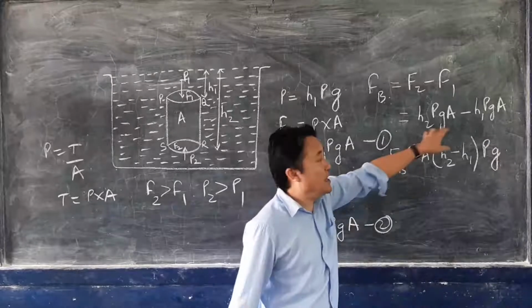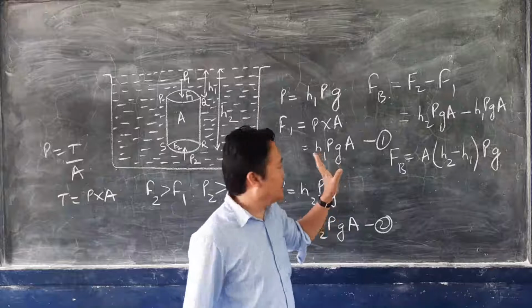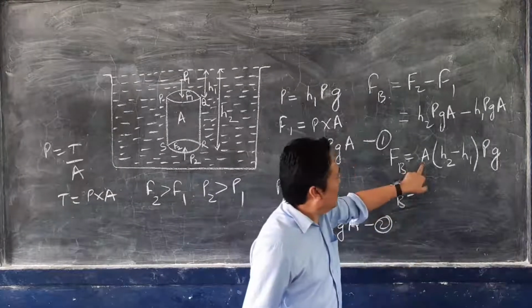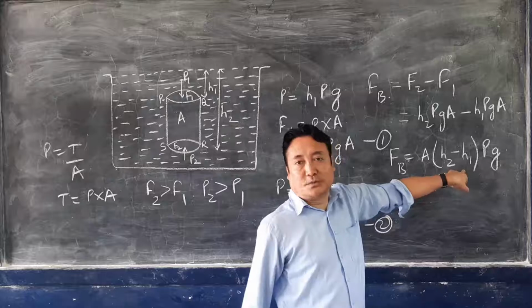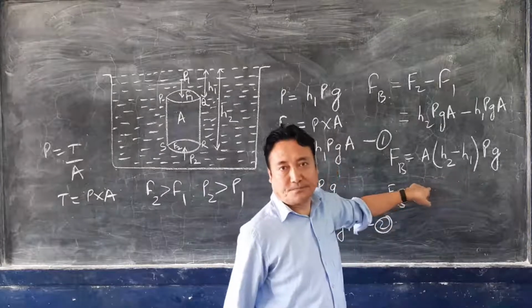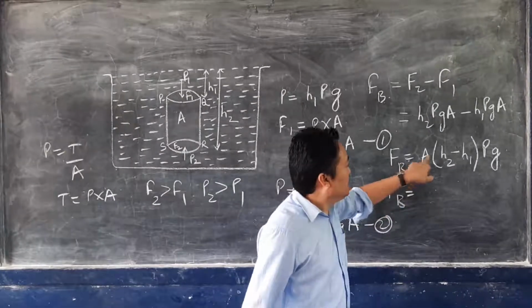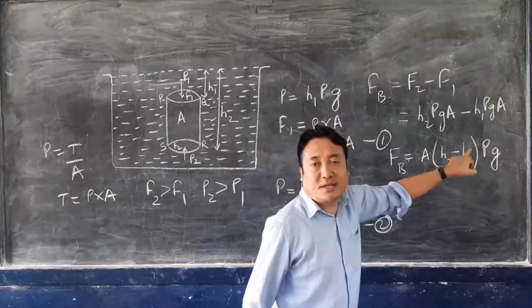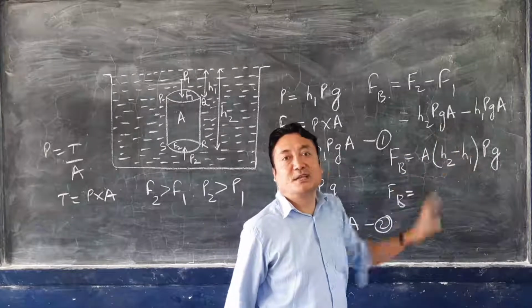I have taken area as common because they have the same cross-sectional area. So FB equals A into H2 minus H1, and this gives us the volume. Understood? This entire portion, area into H2 minus H1, represents volume.